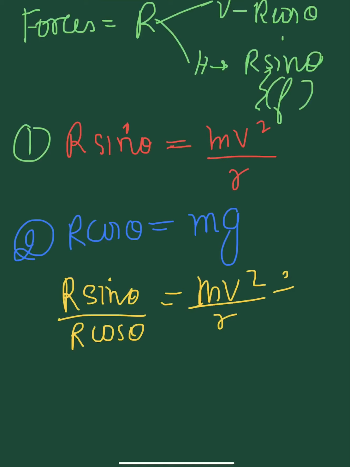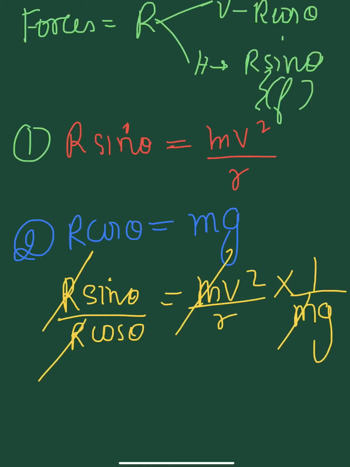That means we can write it as into 1 upon mg. Now R and R get cancelled here, m and m get cancelled here. Sin theta by cos theta is tan theta. So here what I get is tan theta is equal to v square by rg.